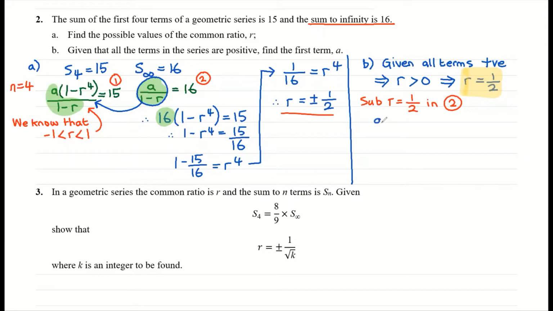So a over 1 subtract a half is going to equal 16. So therefore, a over a half equals 16. And just to finish off, that implies that a is, well, multiply both sides by half, so a must be 8. Right. And you can check all of this on a calculator just to verify that it's true.